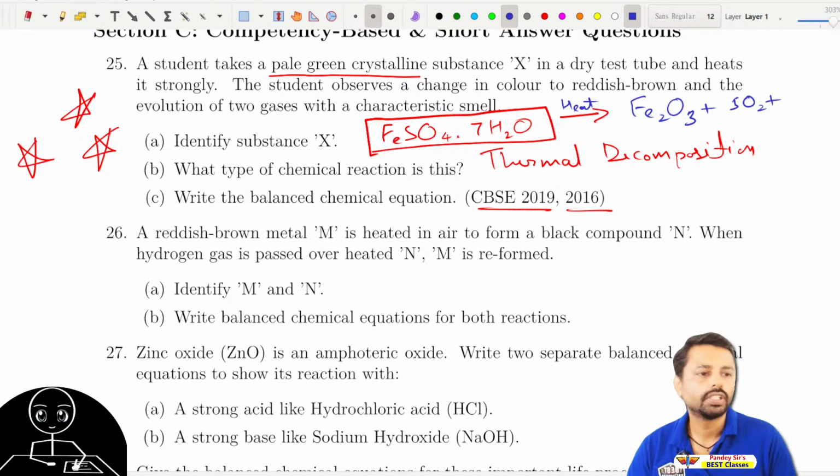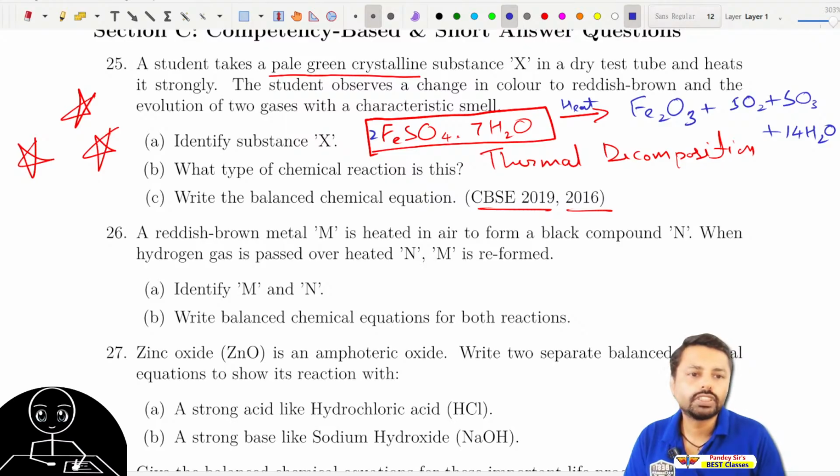But it is not balanced, so we have to balance it. 2 FeSO4.7H2O. Due to 7H2O being there and this being twice, it will be 14H2O. This is the balanced chemical equation.